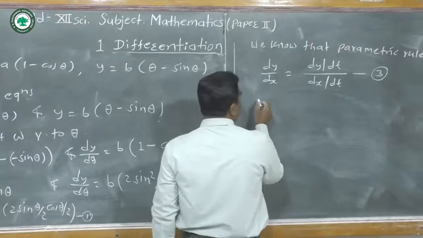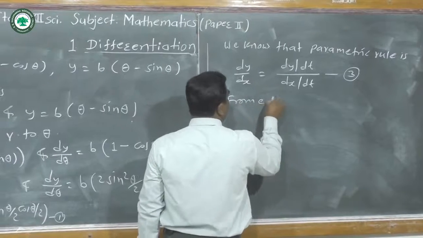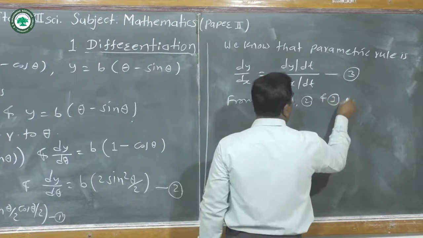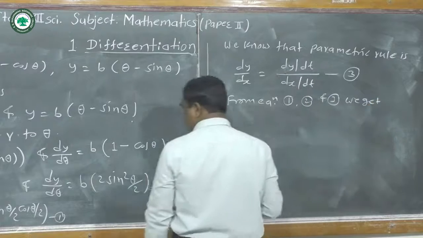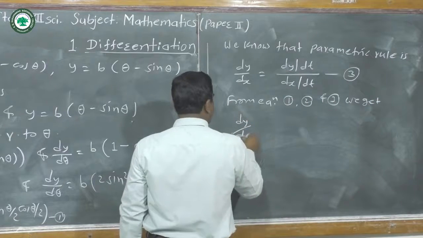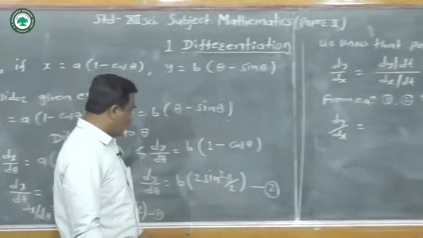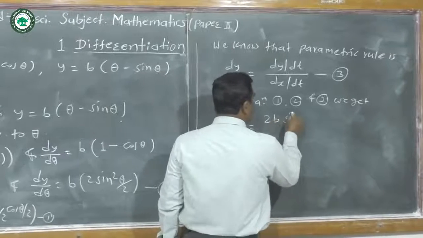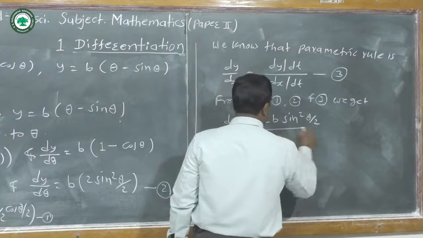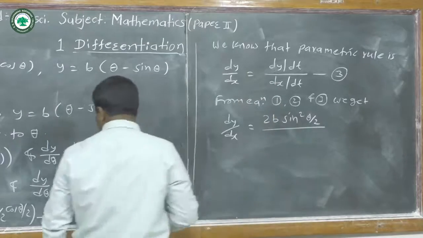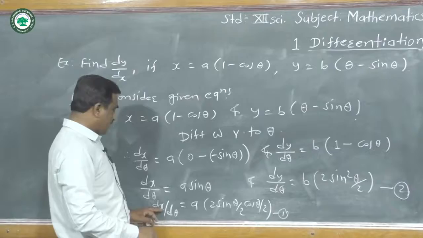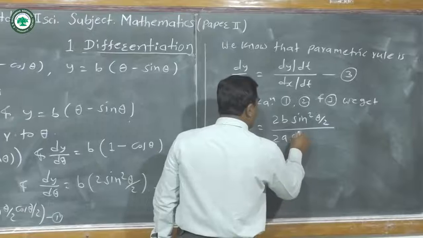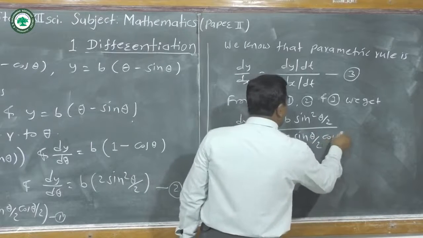We can write here from equations first, second and third we get dy by dx is equal to value of dy by dt is 2b into sine square theta by 2 upon value of dx by dt, means dx by d theta, is equal to 2a into sine theta by 2 into cos theta by 2.